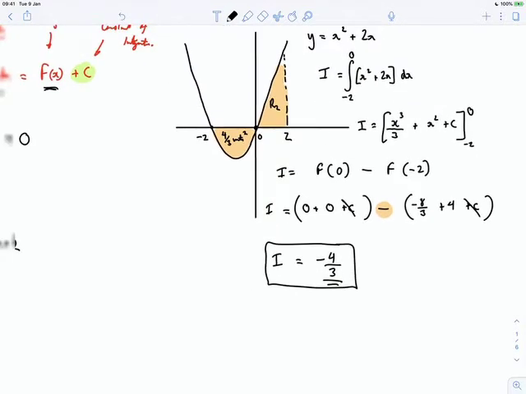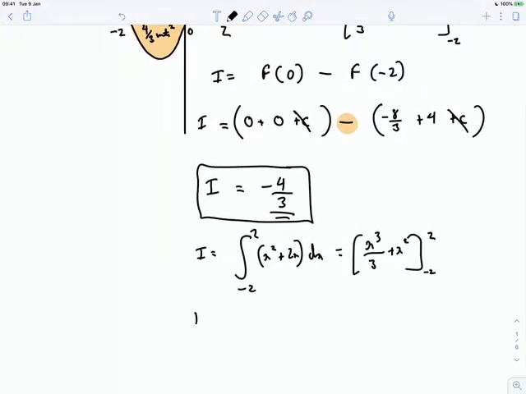Well, what would have happened is to get region 1 and region 2, I'd have done the integral between minus 2 and 2 of x squared plus 2x dx. And that would have just been x cubed over 3 plus x squared. I won't bother with the plus c anymore.